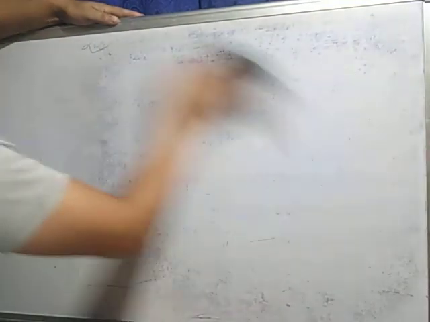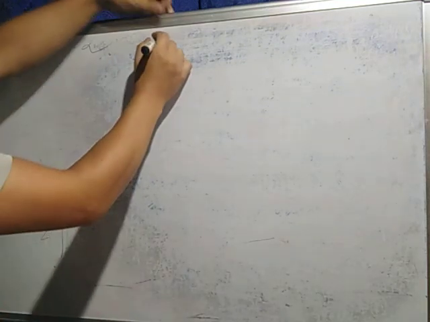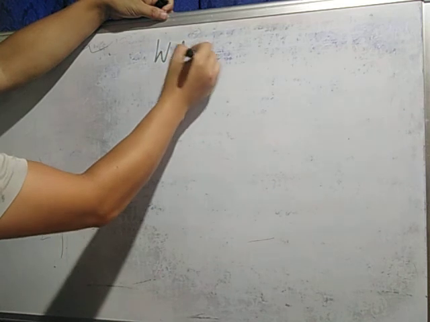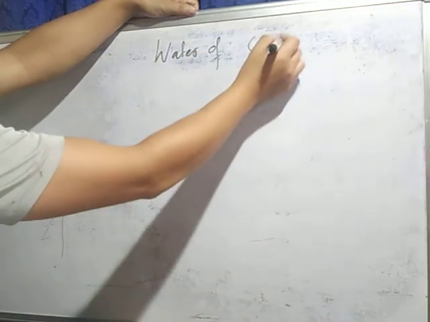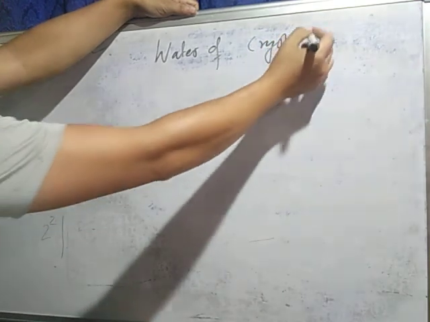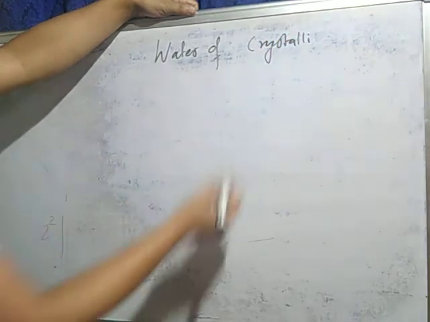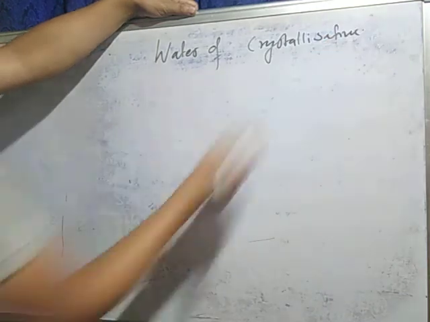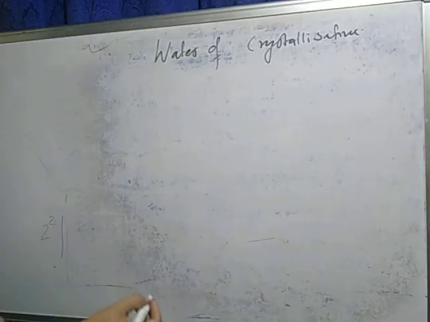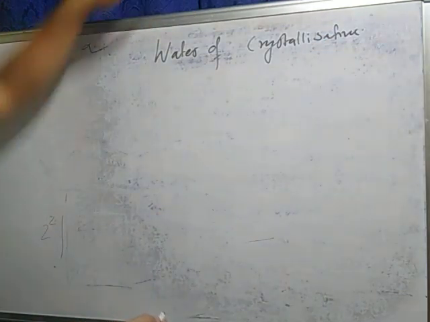Every year they used to ask what is water of crystallization. So write down water of crystallization. Water of crystallization means those molecules which contain the molecule of water.